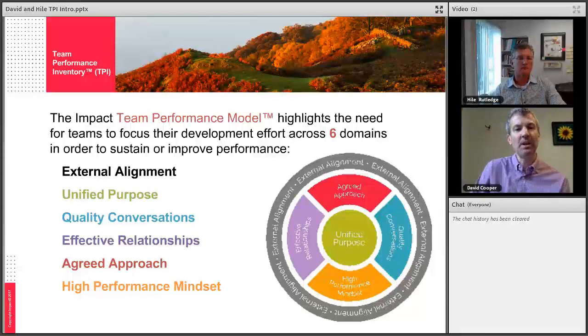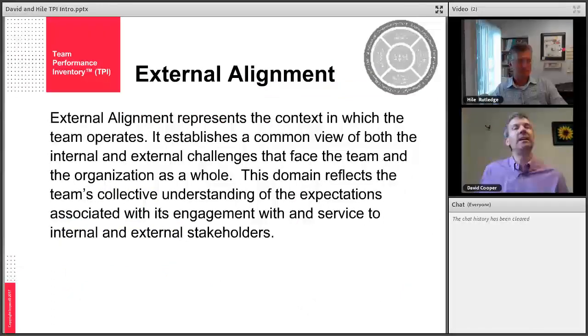So, external alignment. This domain really has to do with a recognition of all of the eyes, if you will, that are on a team. In any team, working group, organization for that matter, there are internal and external stakeholders. There are people with interest in what that team, what that group is doing.